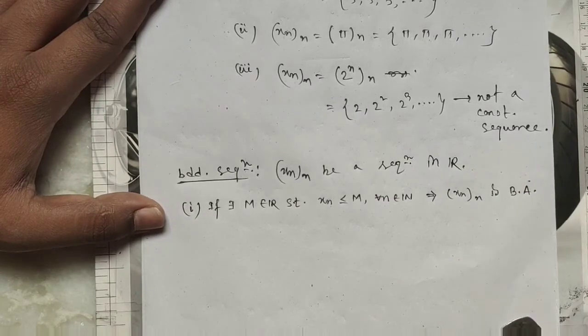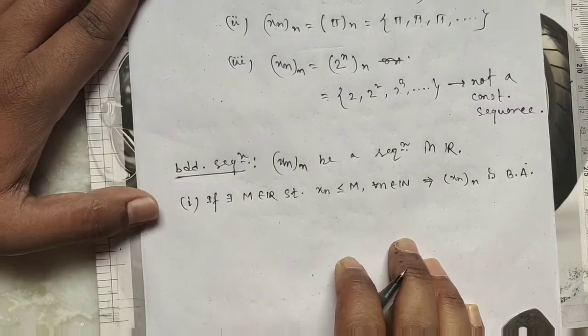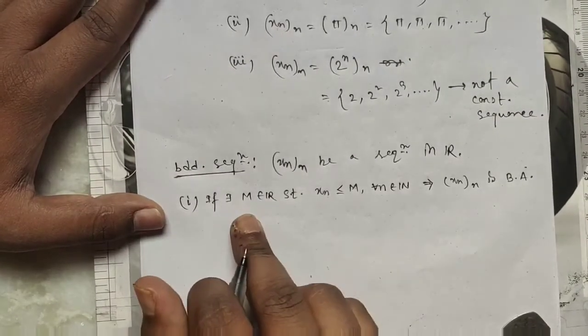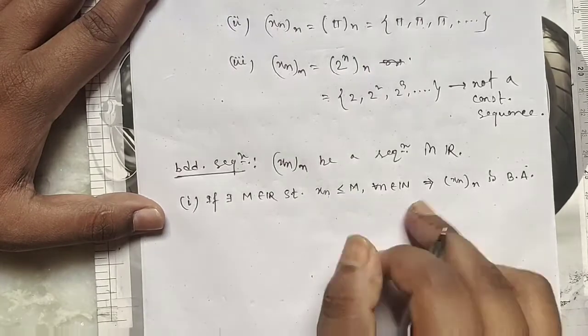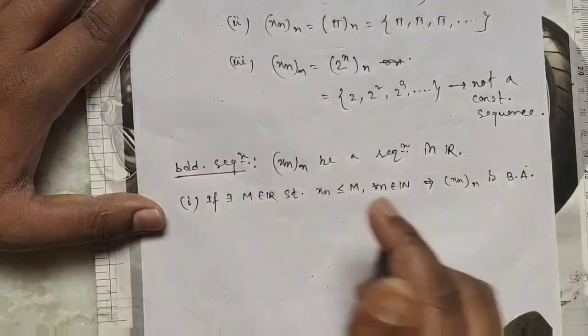If there exists M belongs to R such that xn less than or equal to M for all n belongs to N, this implies the sequence xn is bounded above.